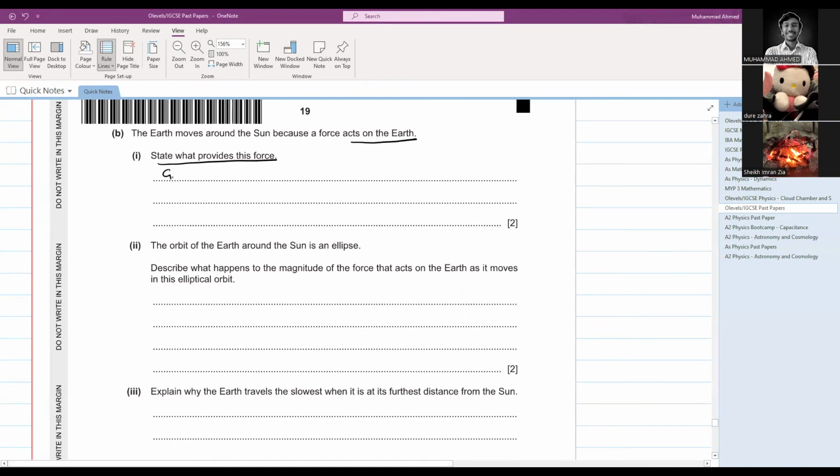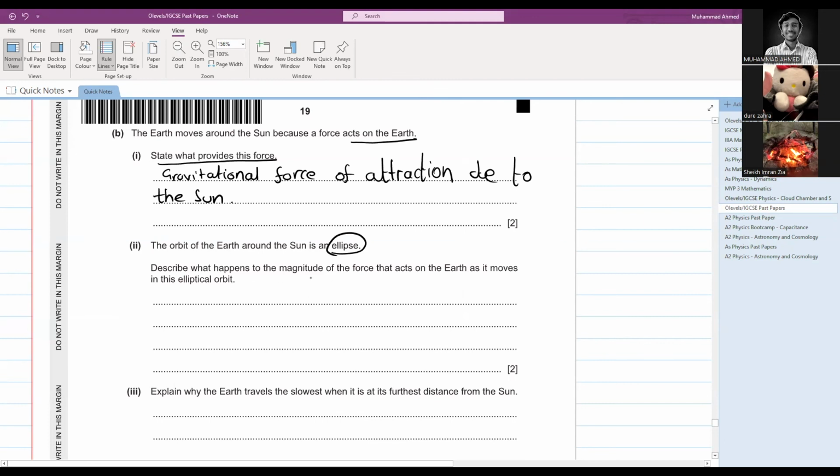What provides this force? Very easy: gravitational force of attraction due to the sun. The orbit of the earth around the sun is an ellipse.